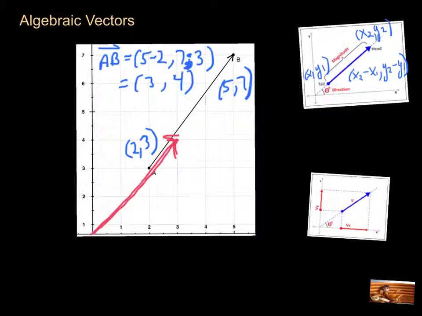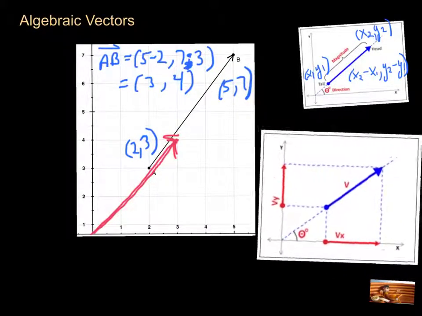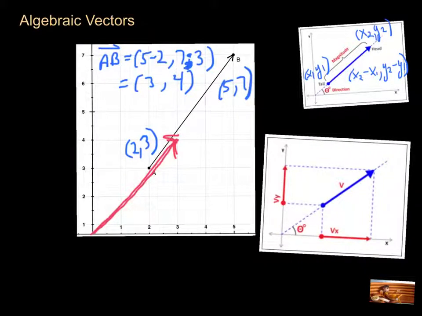But what about the length, the magnitude, which is the length of the vector? Well, keep in mind that every vector has a horizontal component along the x-axis and a vertical component along the y-axis, which creates a right triangle. You can think of any vector as the hypotenuse.